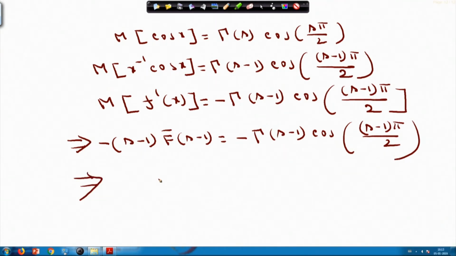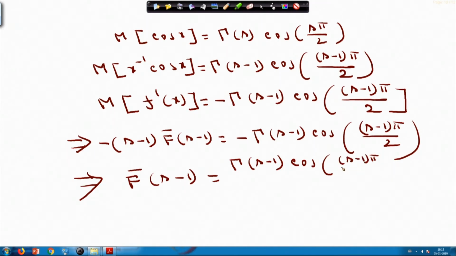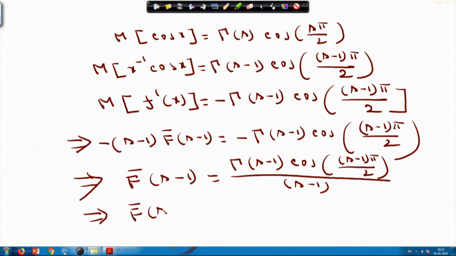So, from here you can write f bar s minus 1 equals gamma s minus 1 into cos of s minus 1 into pi divided by 2, by s minus 1. Once I get this, again from here I can write f bar s as gamma s cos of s pi by 2 divided by s.